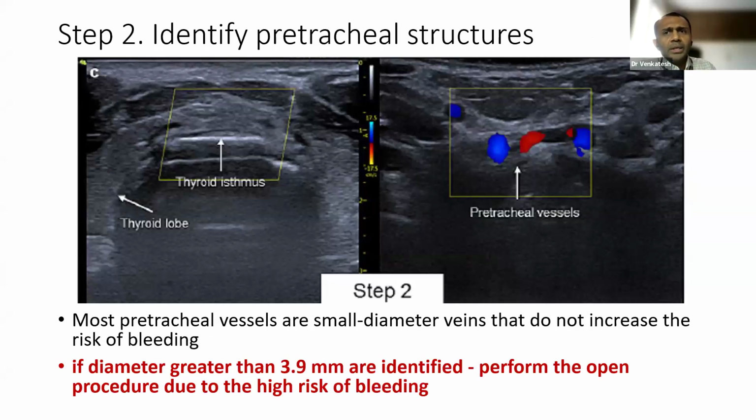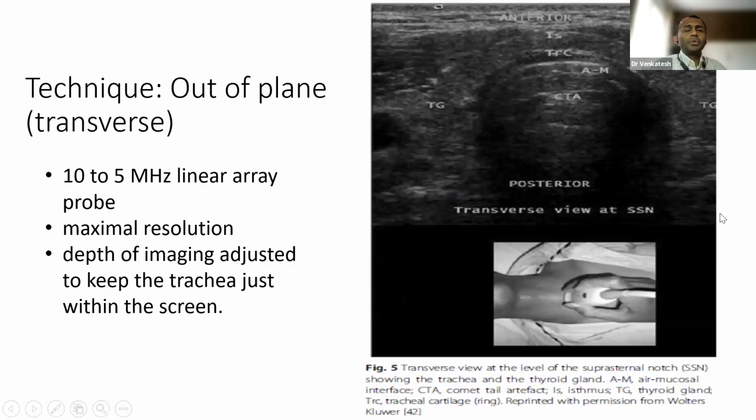The next important thing is to identify the pretracheal structures. The most important thing is you put the probe out of the plane, that is the transverse direction.